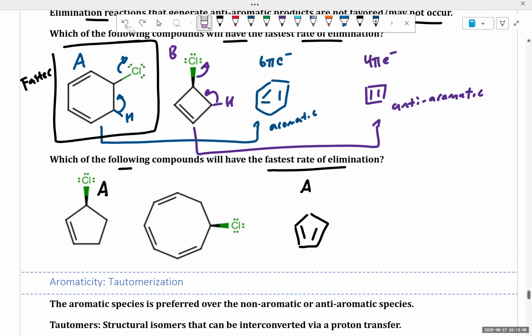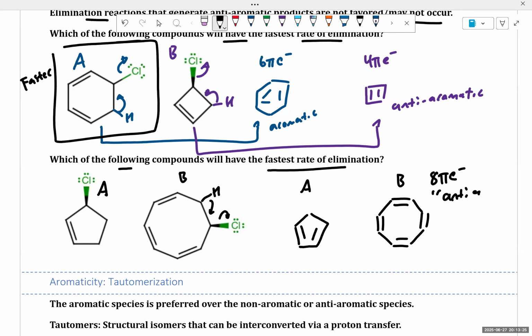Compound B, on the other hand, is a little bit problematic in that elimination in compound B yields cyclooctatetraene, which has 8 pi electrons and would be considered anti-aromatic if it wasn't non-planar.